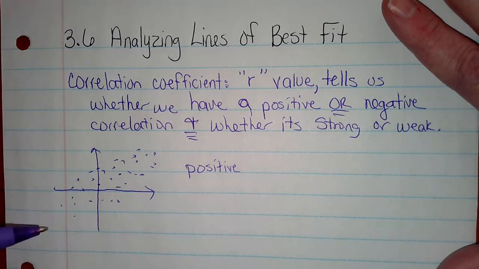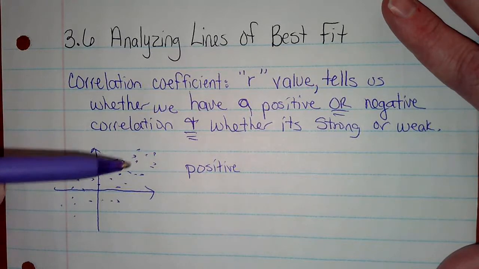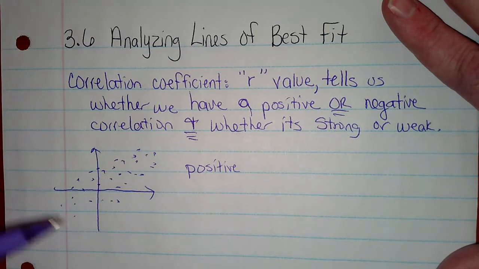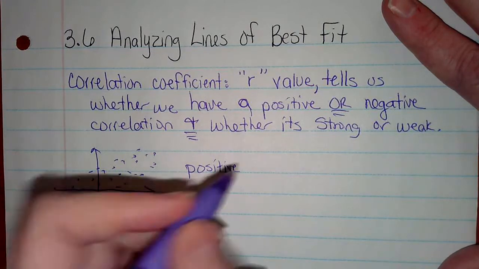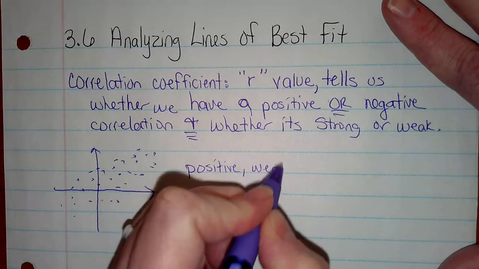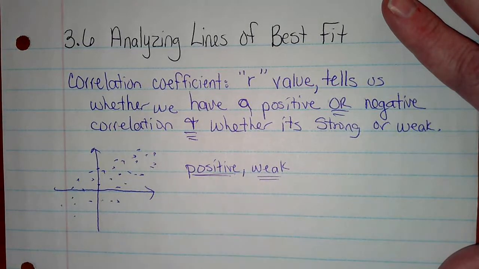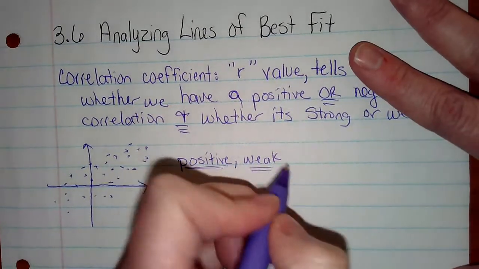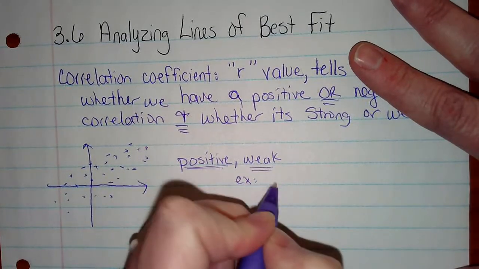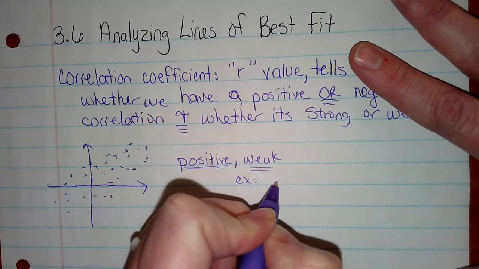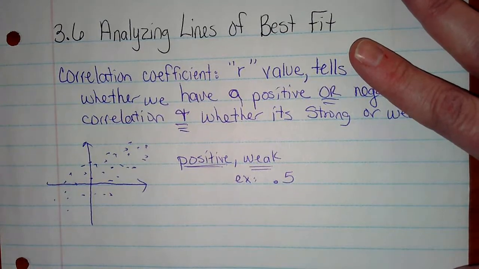Now, if I were to draw a trend line, some of my points wouldn't really be close to it. So this would technically be a weak correlation, a positive, weak correlation. For example, an R value of positive 0.5, that would be like a half.